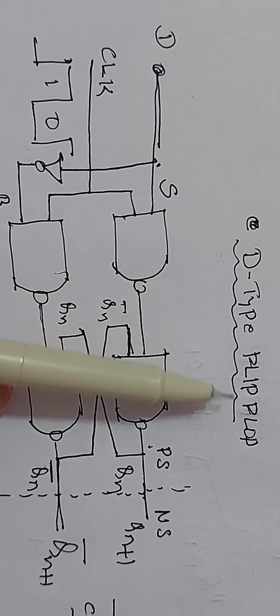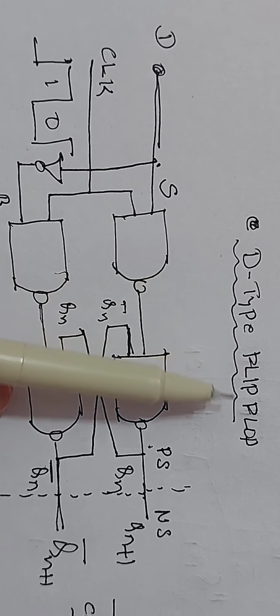The output of this NAND gate is Qn plus 1, where Qn represents the previous state output, that is when no inputs are applied. Whereas Qn plus 1 represents the desired or next state output, that is when the inputs are applied.